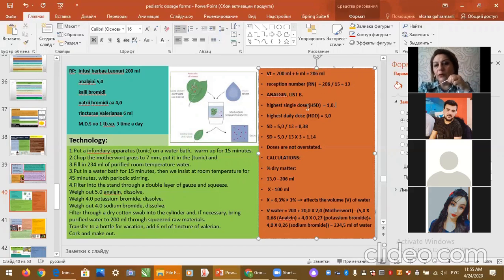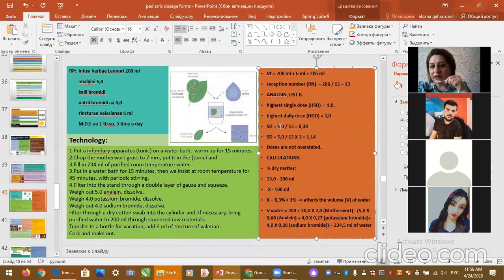After, we must check the dose of analginum because analgin is from list B. Pharmacopoeia gives us that its highest single dose is 1 and highest daily dose is 3. In our prescription, analginum 5. For calculating its single dose, what must we do?